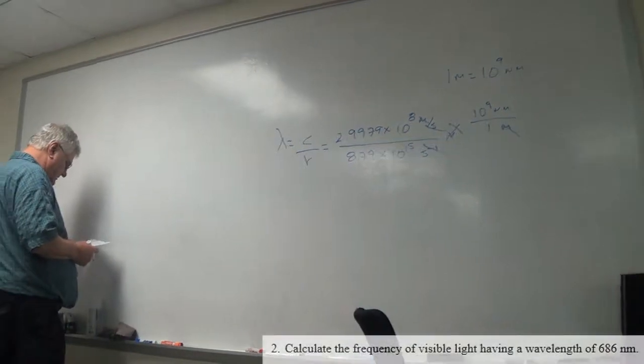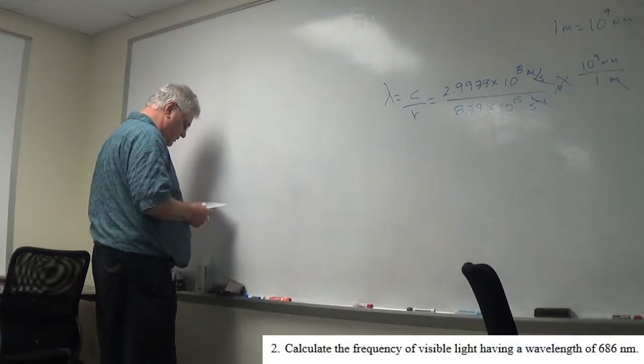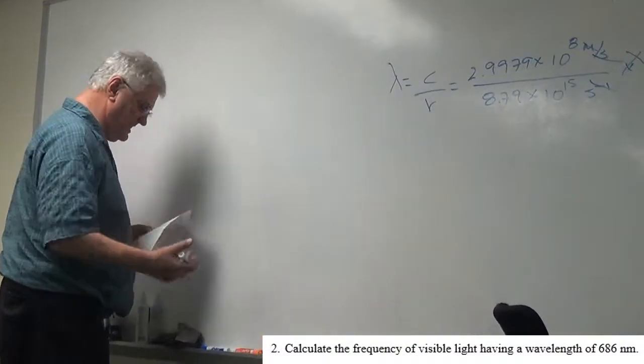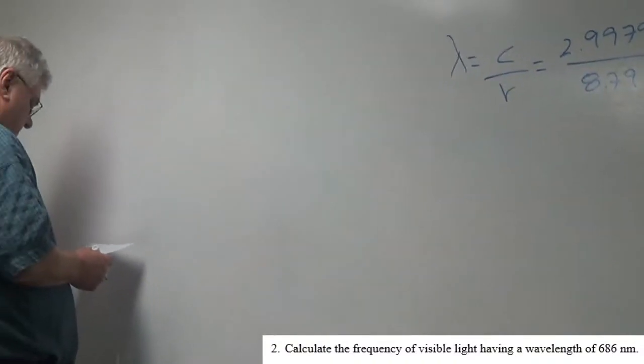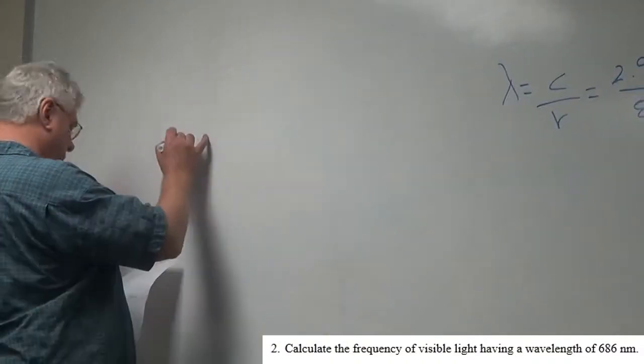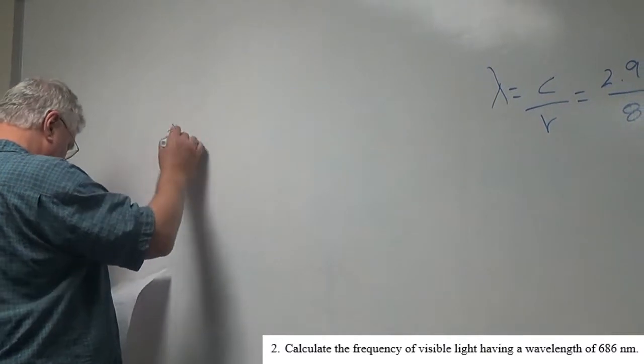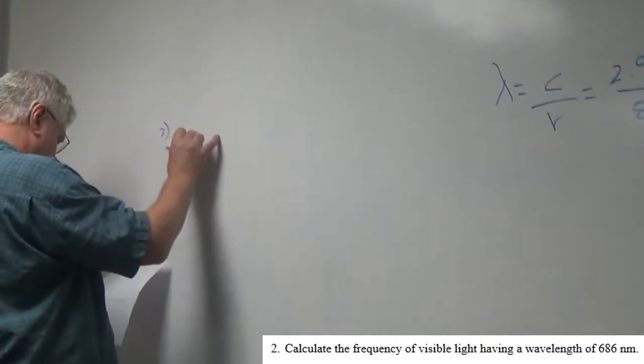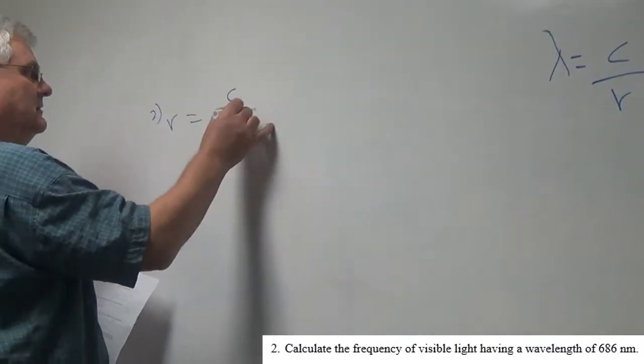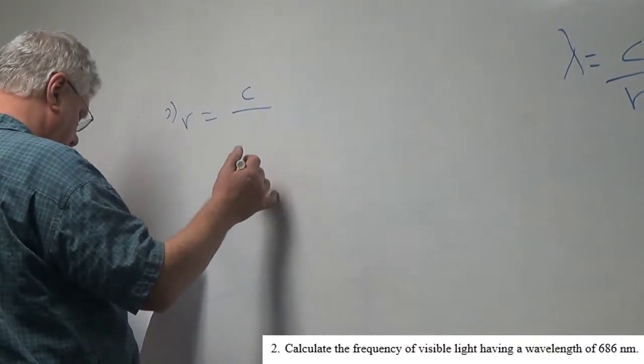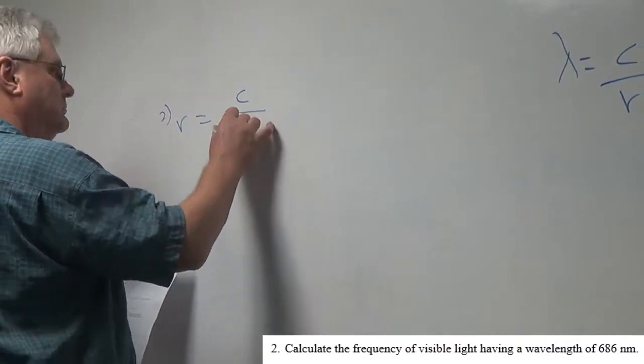Number 2, calculate the frequency of visible light that has a wavelength of 686 nanometers. And again, rearranging the same equation. Frequency is going to equal the speed of light divided by the wavelength.